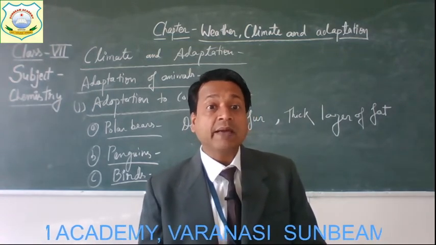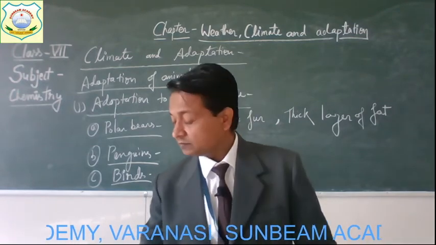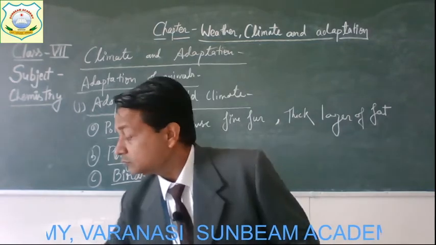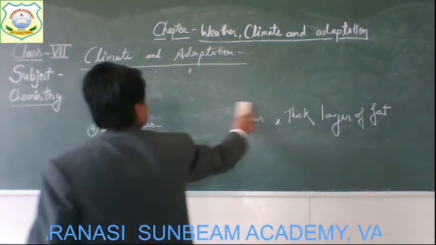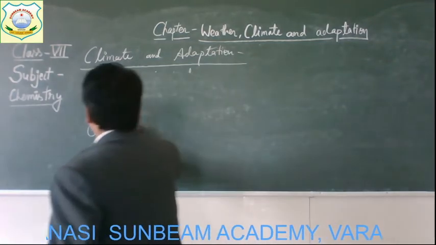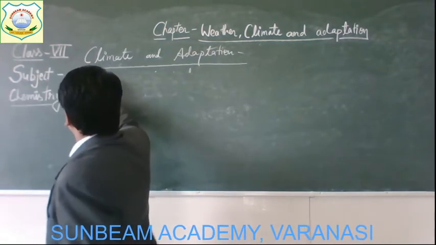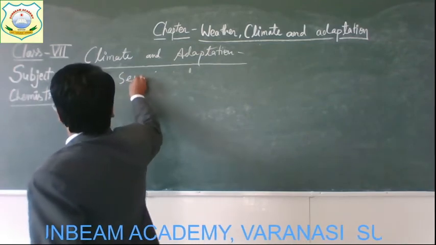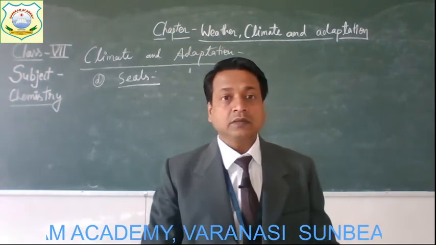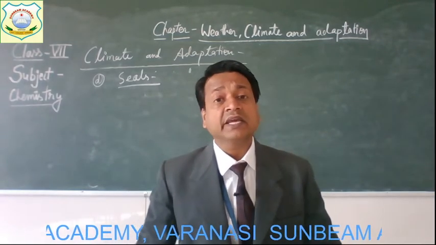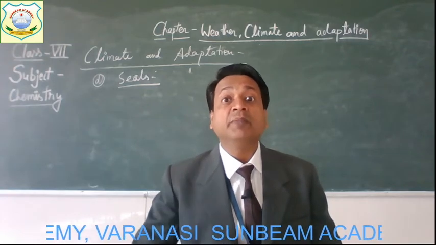Now, one more example of an animal found in the polar region is the seal. Children, the seals have a thick deposition of fat which is called blubber.